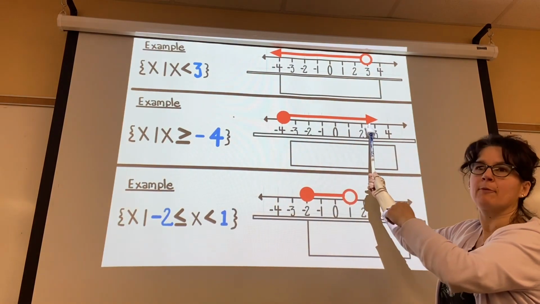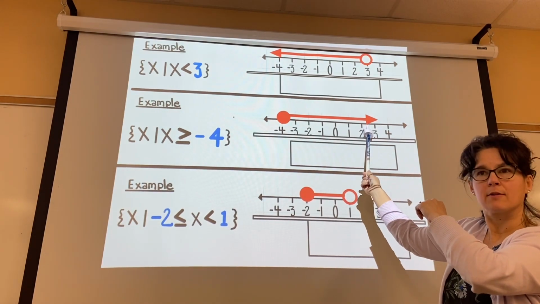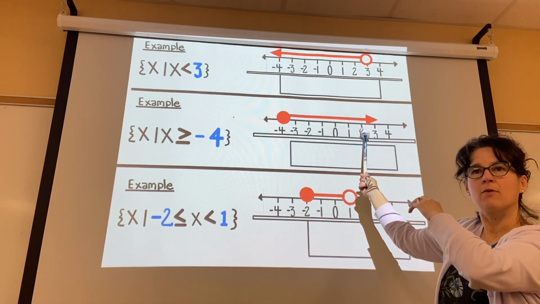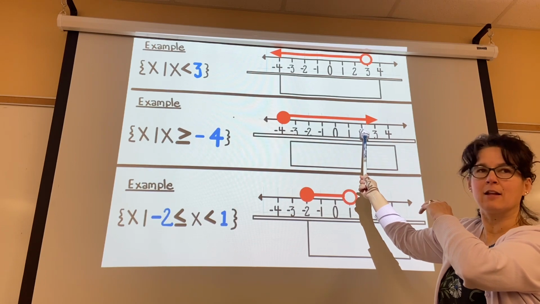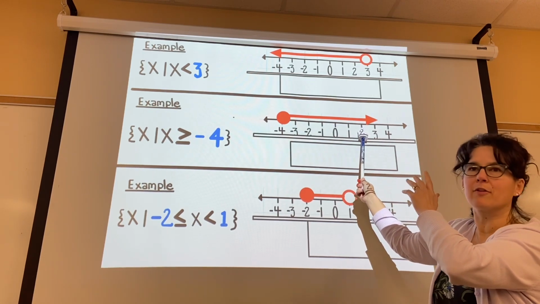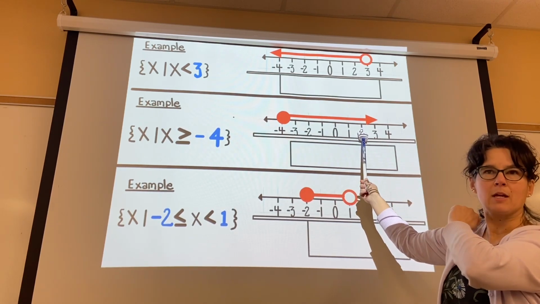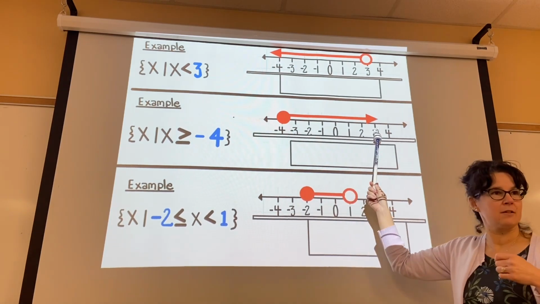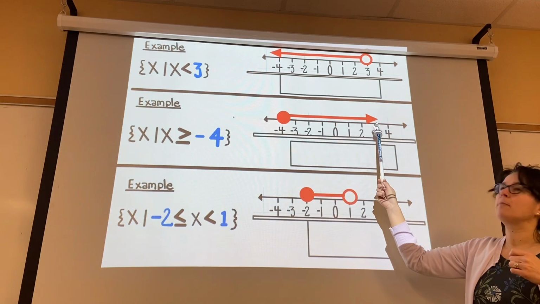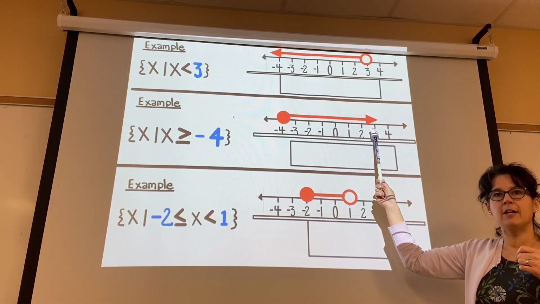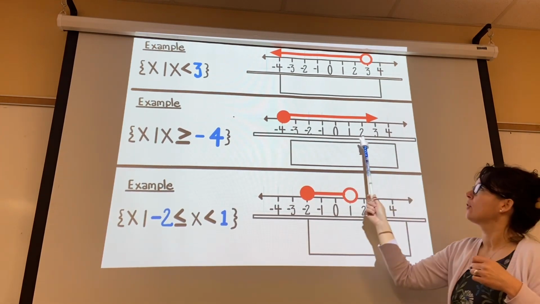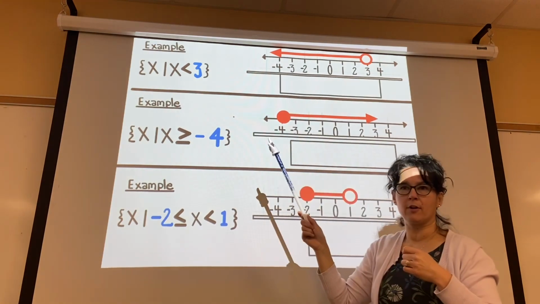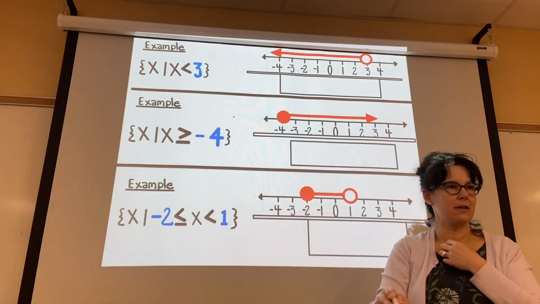What would describe forever to the right? 1, 2, 3, 4, 5, 6, 7, 8, 9, 10, 11, 12, keep going forever, forever, forever. What would that be? Infinity, yeah. And we're going in a positive direction. So this one would be positive infinity if I go to the right forever. Okay, so if I go to the left forever, yeah, negative infinity.